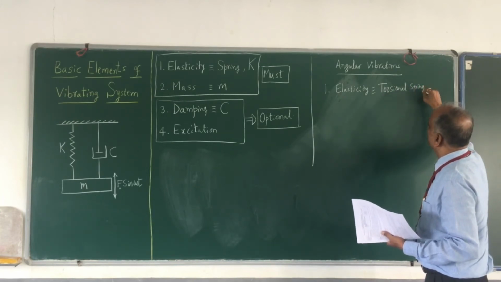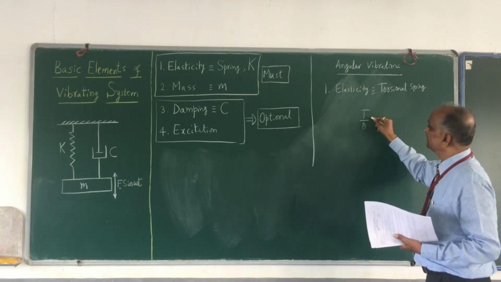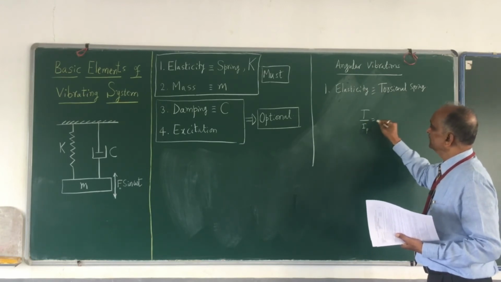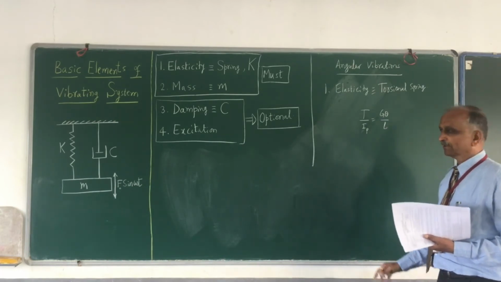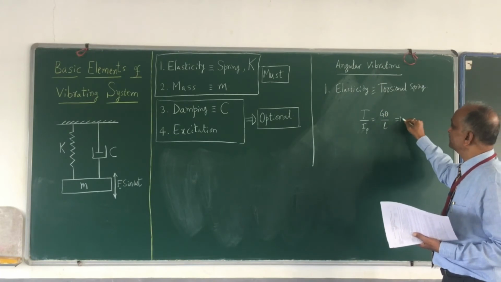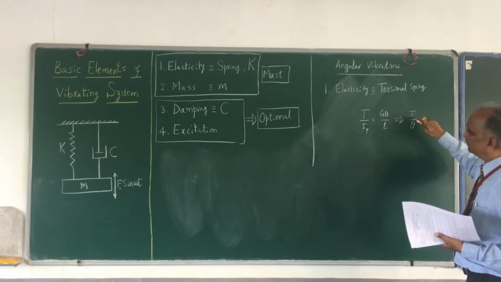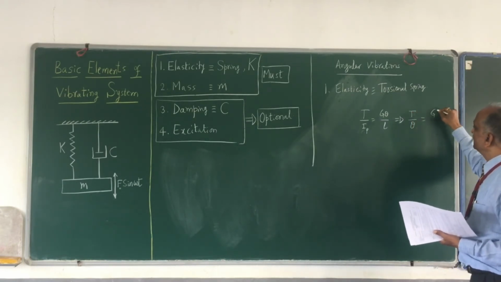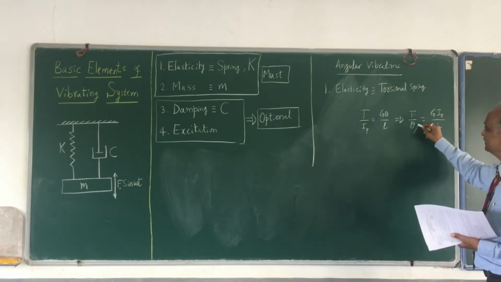Now how do you get this torsional stiffness? You know this famous relationship, T by IP is equal to G theta divided by L. This is the famous torsion equation. Rewriting it, T by theta, the torque required for unit deflection, is G into IP divided by L. What is T by theta?